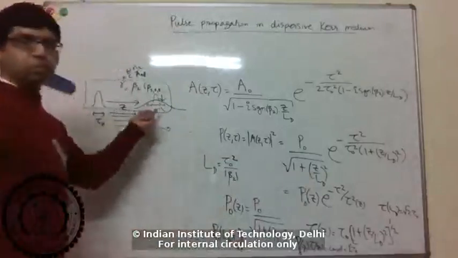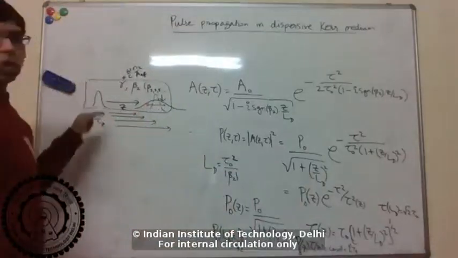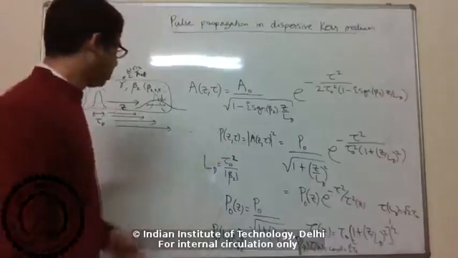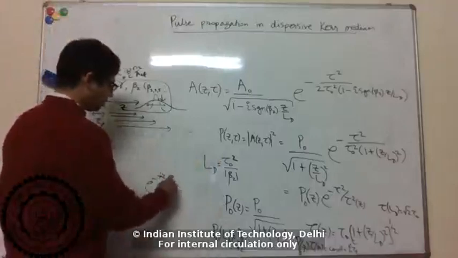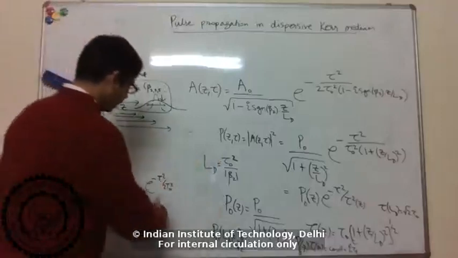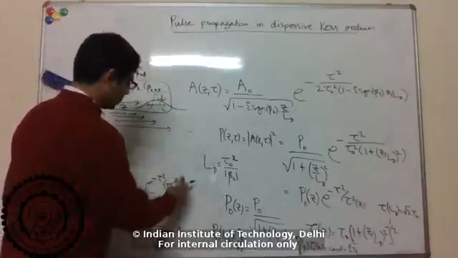Of course, this is happening for an input pulse which is so-called transform limited, right? The input pulse was, if you remember, just e to the minus t square by tau naught square. So the amplitude was changing, but if you look at the phase as a function of time, there was no phase.